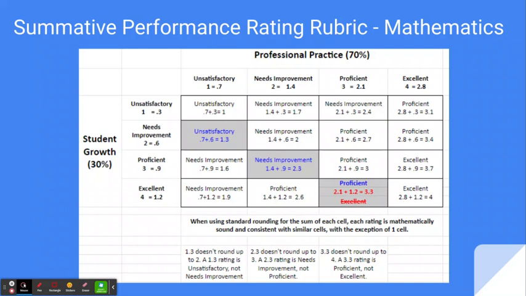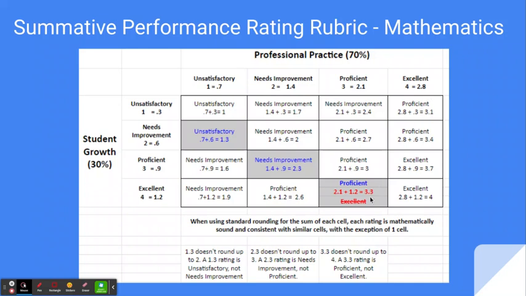So if you look at proficient professional practice, which is worth a 2.1, and excellent student growth, which is worth a 1.2, that produces a sum of 3.3. Standard rounding would mean that that is a score of 3.0, which is equal to proficient. The old rubric rounded a 3.3 up to a 4, which made that an excellent rating.